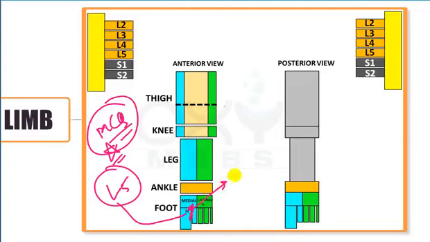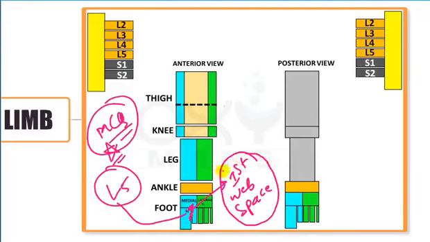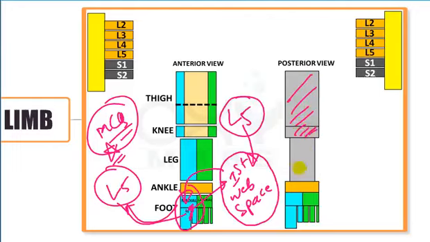It is called the first web space, and this first web space is present on the medial side, and the medial half is innervated by the L5. So the first web space is innervated by which root value? It is by the L5, and the whole of the posterior aspect of the thigh, knee and the leg is innervated by the S2 root value.